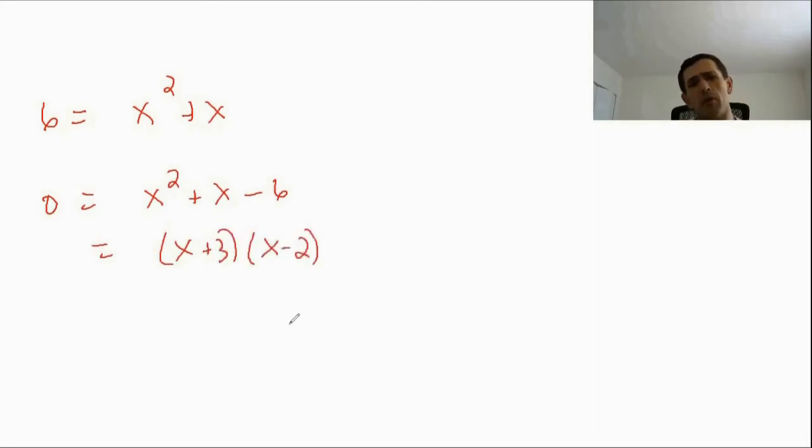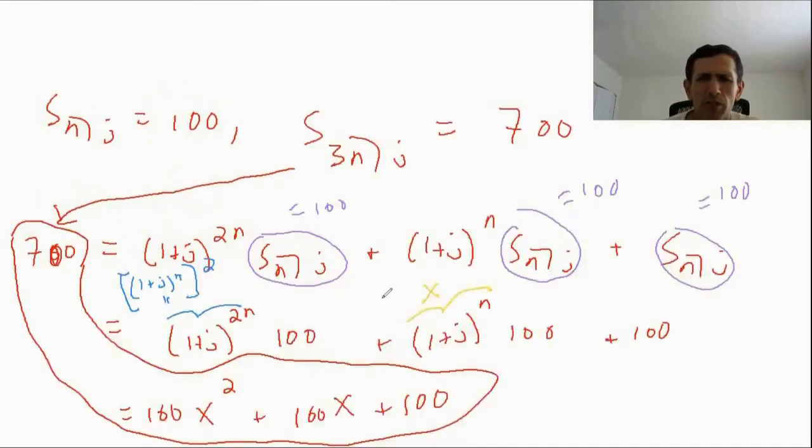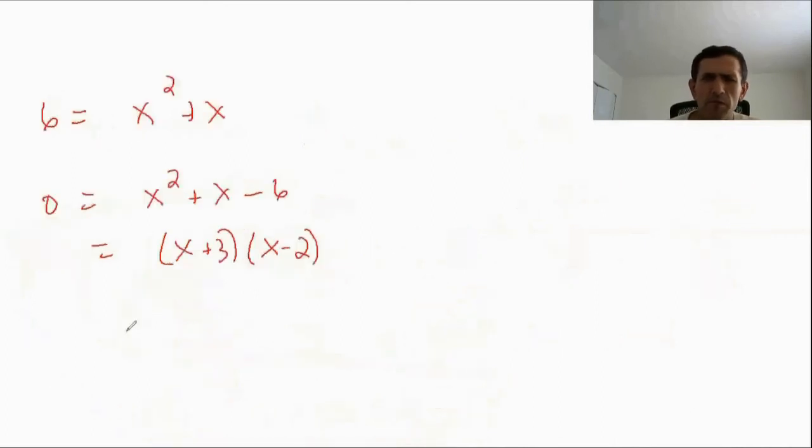Remember, we want j to be positive, so we want (1 plus j) to the N to definitely be positive. So we take the positive one. So X is going to be 2.